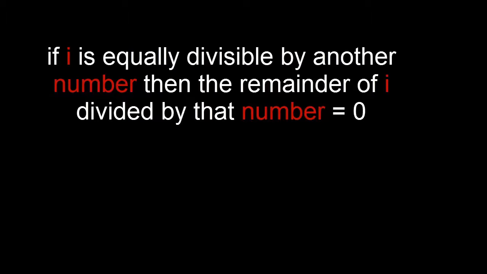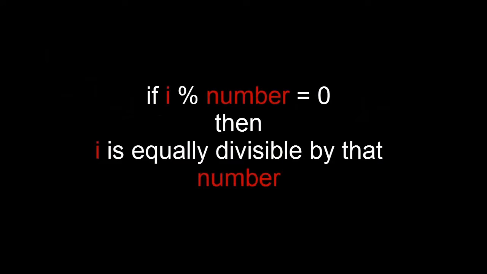Because we know that if a number divided by another number is equally divisible by that number, then the remainder is 0. So with that logic, we can determine that if after modular division the result is 0, then that number is equally divisible by the other number.